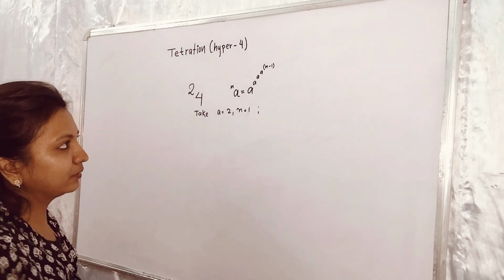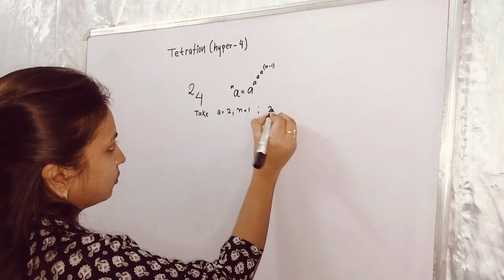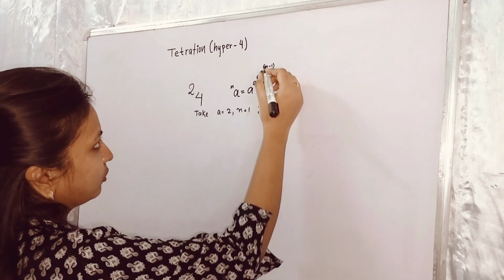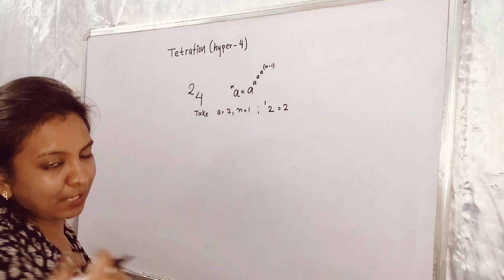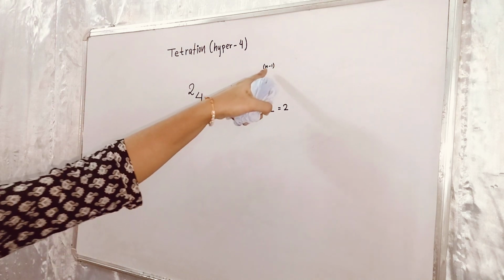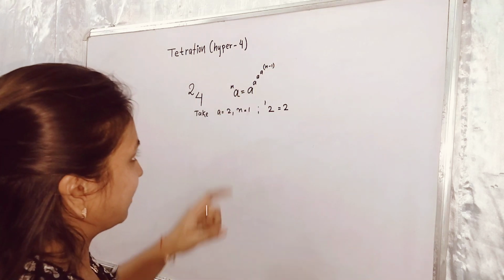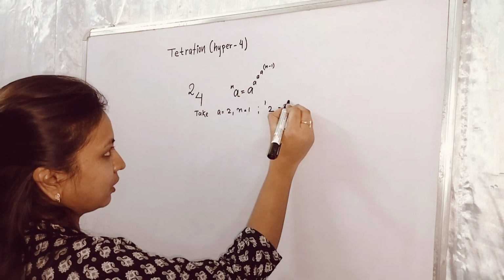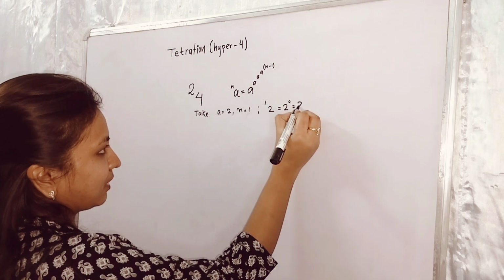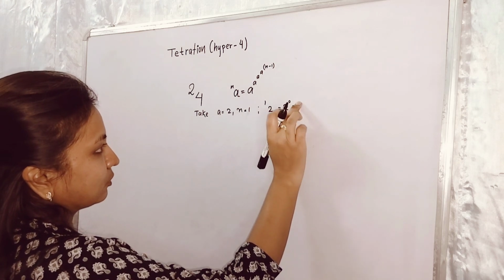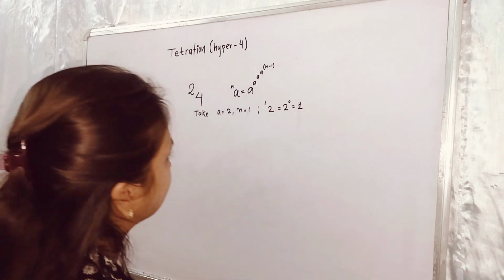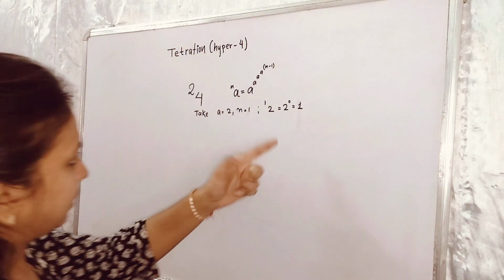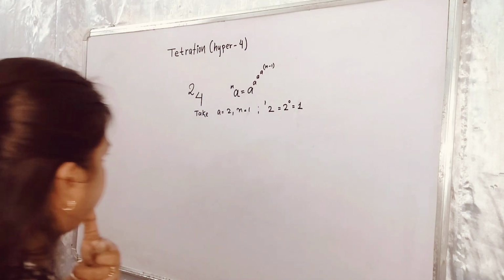So our answer will be 2 to the power 1. Now we know that it means 2 to the power n minus 1, that will go till the extent of n minus 1. So here n minus 1 is 1 minus 1, that is 0. So there will be no extension, and our answer will be 2 to the power 0, which is 1. Anything to the power 0 is 1. Oh no, I think it will be 1.